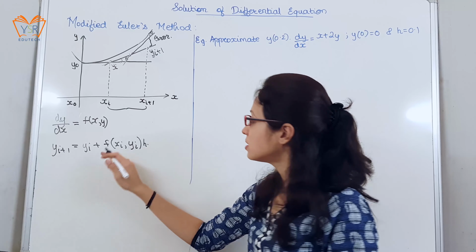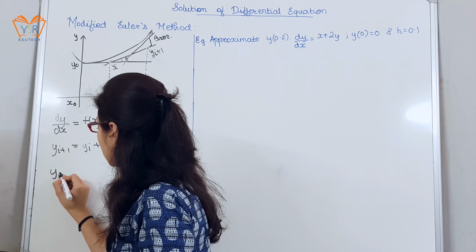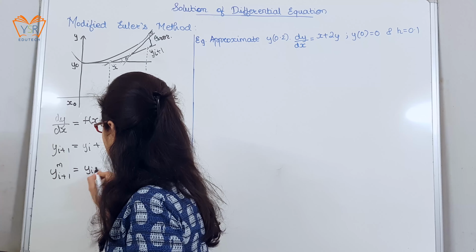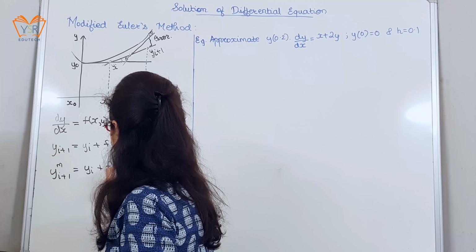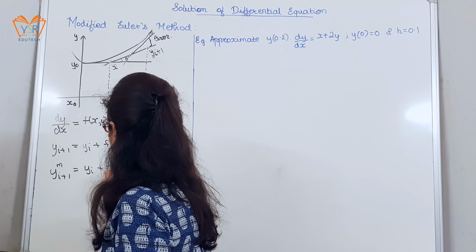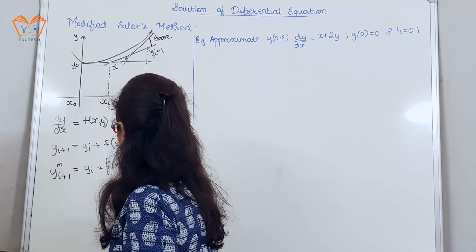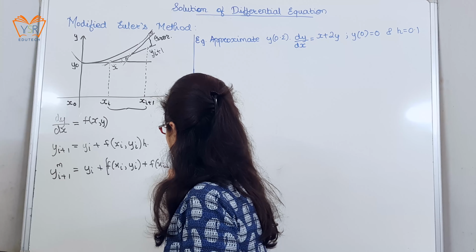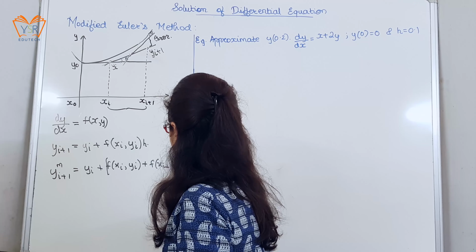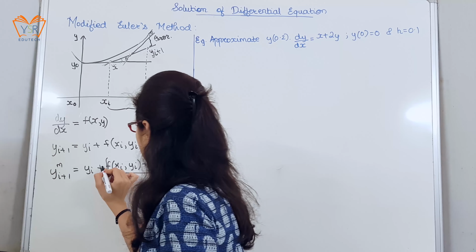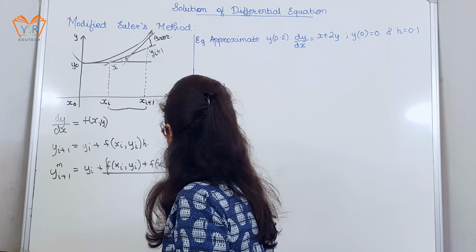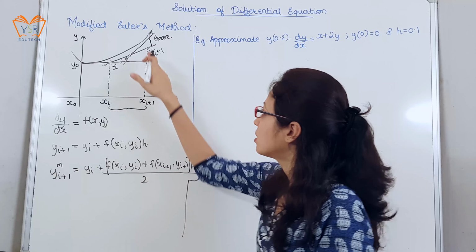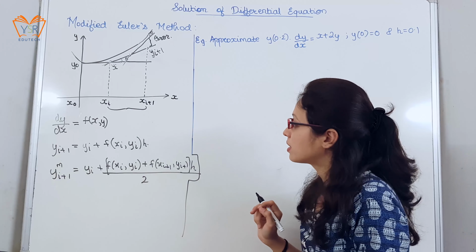So after calculating this, we can calculate the modified formula, that is y i plus 1 modified equals yi plus f of xi, yi plus f of xi plus 1 comma yi plus 1, divided by 2, into h. So using this formula you can calculate the reduced error.